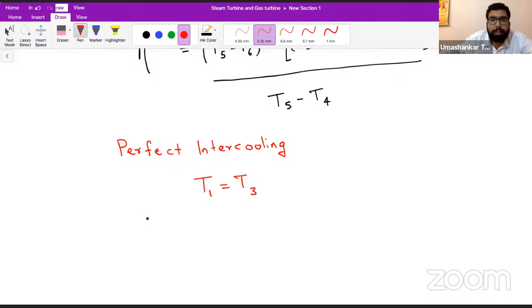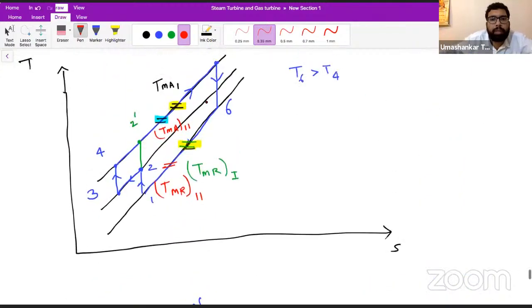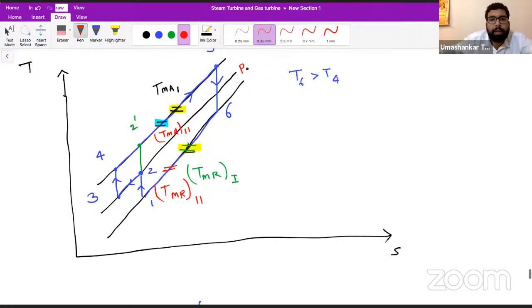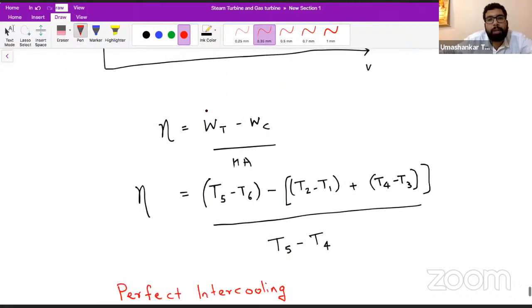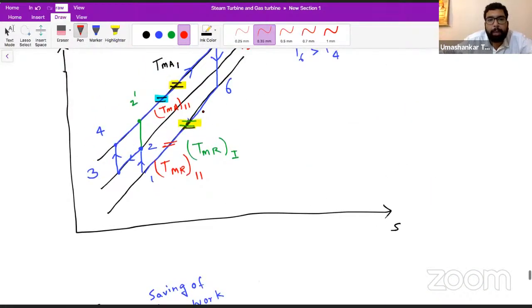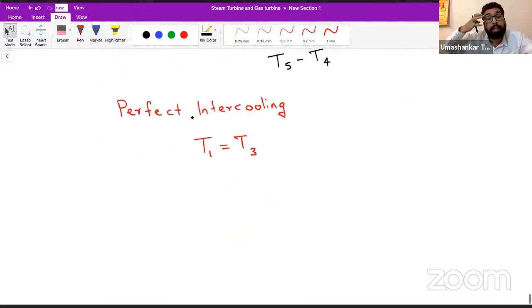If T1 and T3 are equal, the pressure ratio between the stages, with the intermediate pressure Pi in between, is also going to be the same. Just by applying T1 equal to T3, you will have all your results.